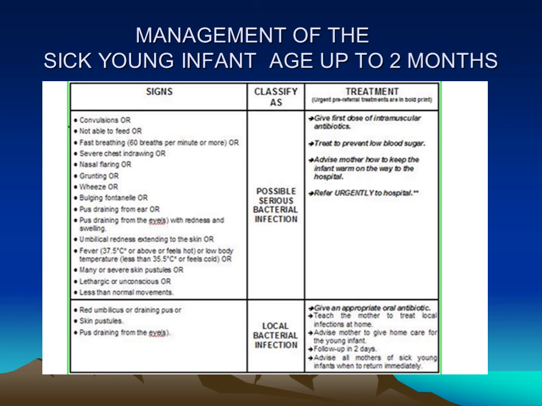In this condition, we should give appropriate oral antibiotics, teach the mother to treat the local infections, advise the mother to give home care for the young infant, and follow up within 2 days for any deterioration. Advise the mother that if the sick infant develops any problem, such as poor feeding, lethargy, or dyspnea, to return immediately.